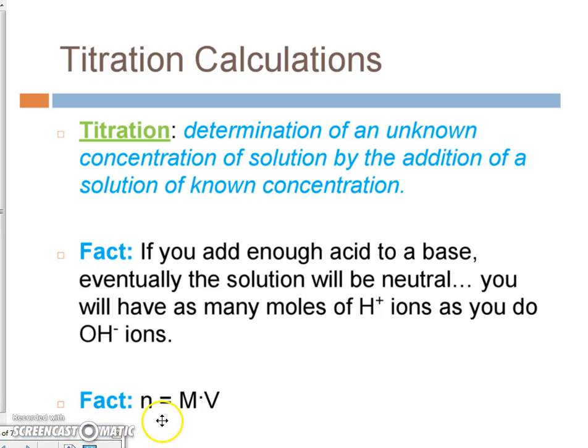The other fact then is that moles equals molarity times volume. So we could do the math to show you that. Hopefully you know that this is moles over liters times liters, the liters cancel, and you're left with just moles. Titration is a lab process, a very exact process.